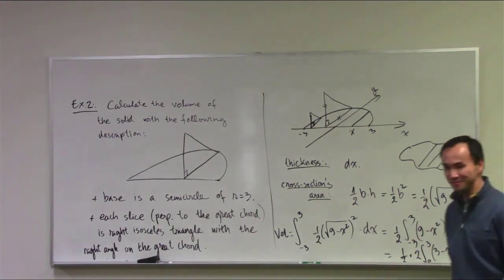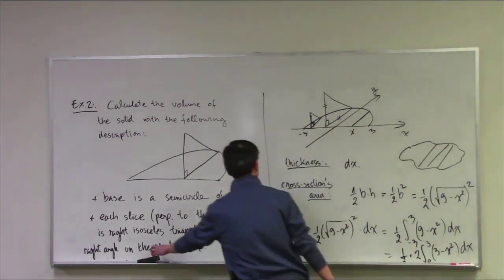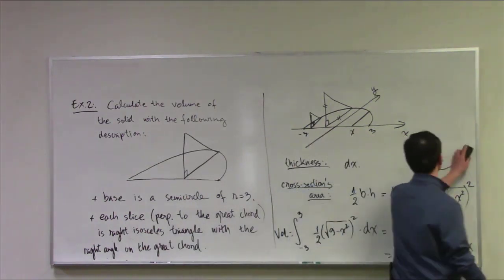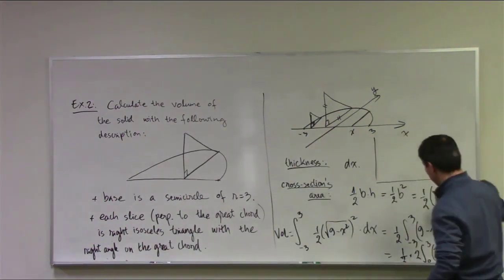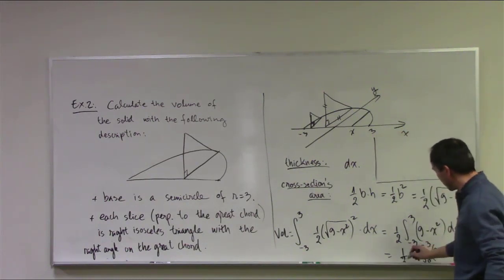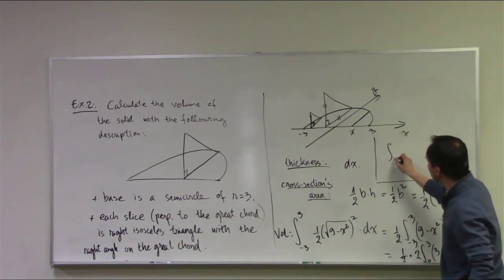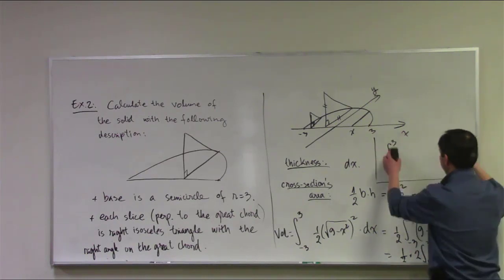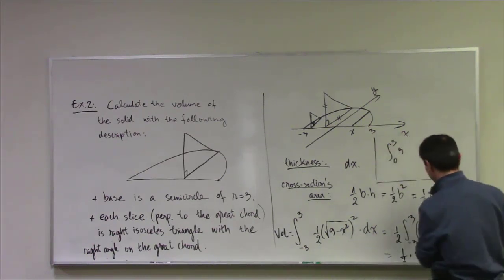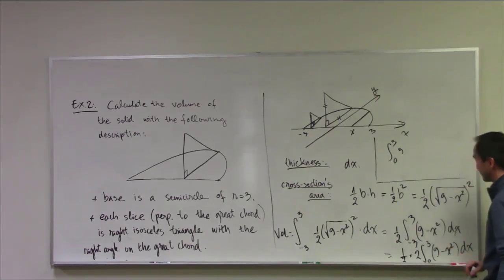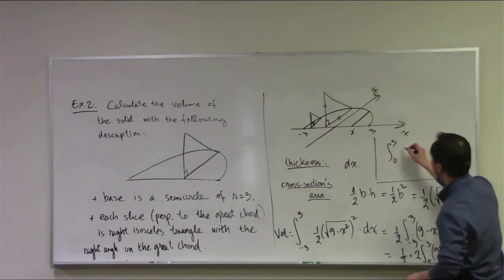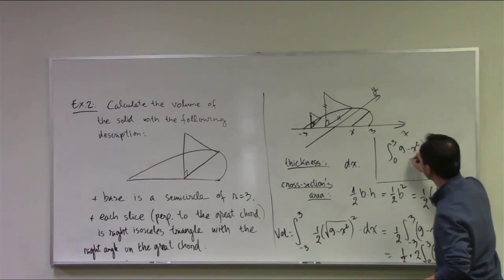I'm going to erase that little extra drawing right here to make some space for my work. So here's my remaining corner of the board. That integral becomes, the 2 already canceled, so the integral from 0 to 3, and it's a 9 here actually, 9 minus x squared dx.